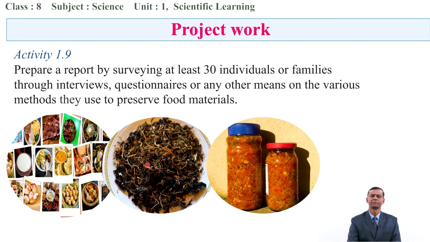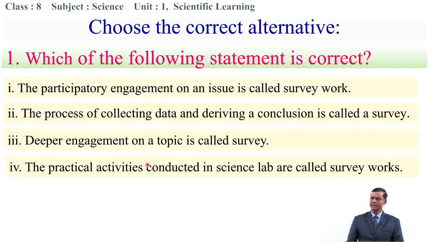Dear students, let's discuss some multiple choice questions. Some questions I am putting here. Try to find the correct answer. Question number 1: Which of the following statements is correct? Here are 4 statements. The first is, participatory engagement on an issue is called survey work.